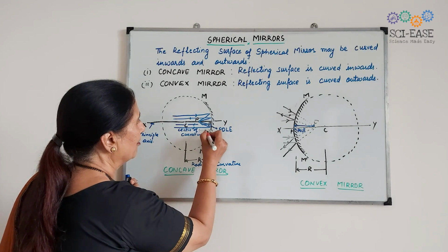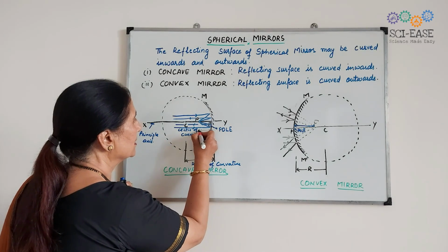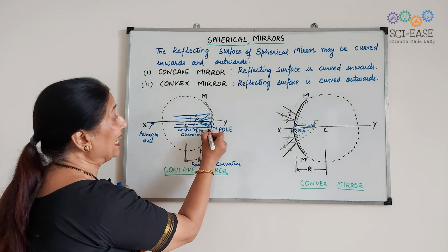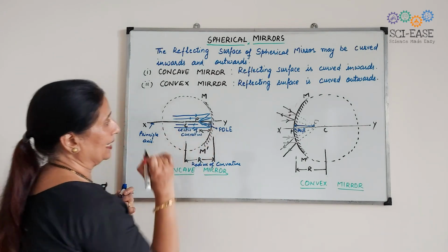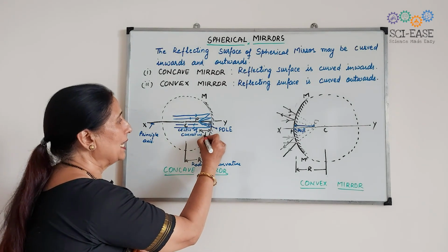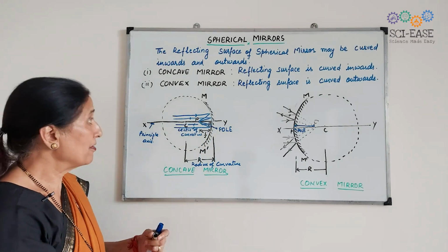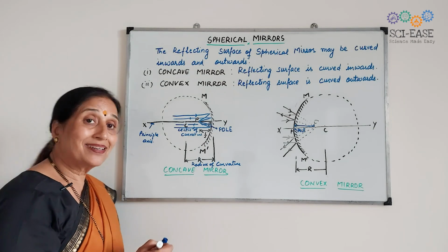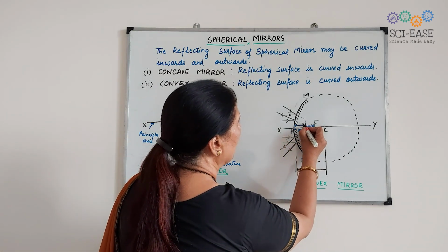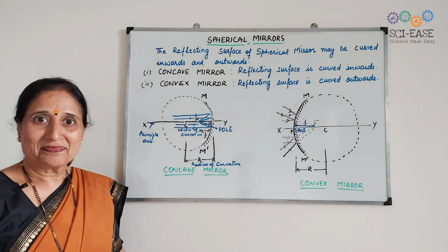That is the focal point. Okay, this is the focal length, and it is denoted by small f. The distance between focus F and pole is known as focal length, denoted by small f.